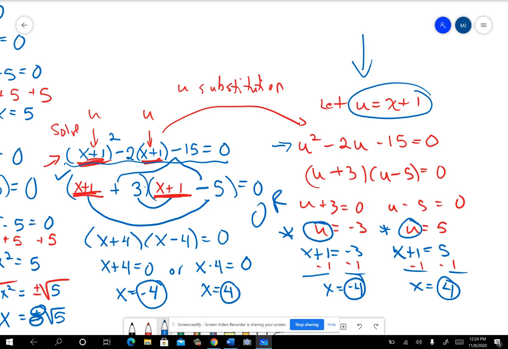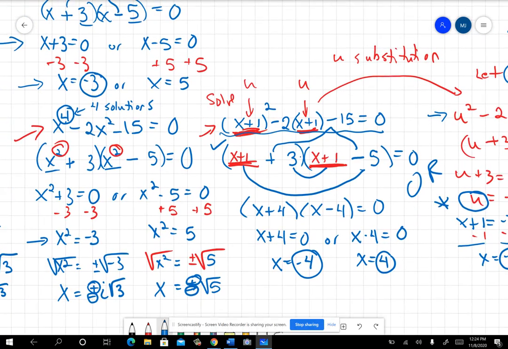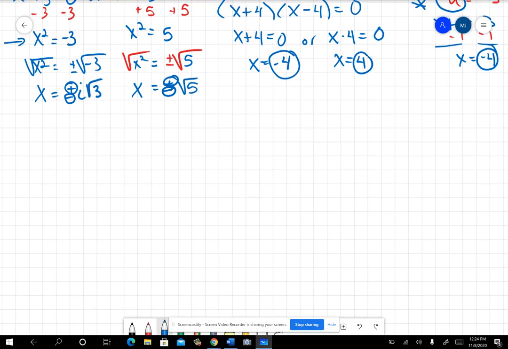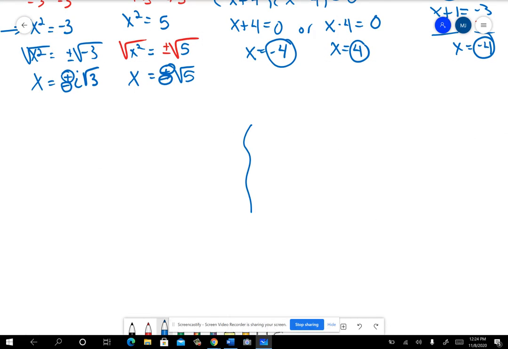All right. So I want to look at two more examples. So these two problems right here would have been called quadratic in form. It wasn't really quadratic, but it was quadratic in form. All right, now let's take a look at two problems that kind of give you some insights into more that we're going to do later.